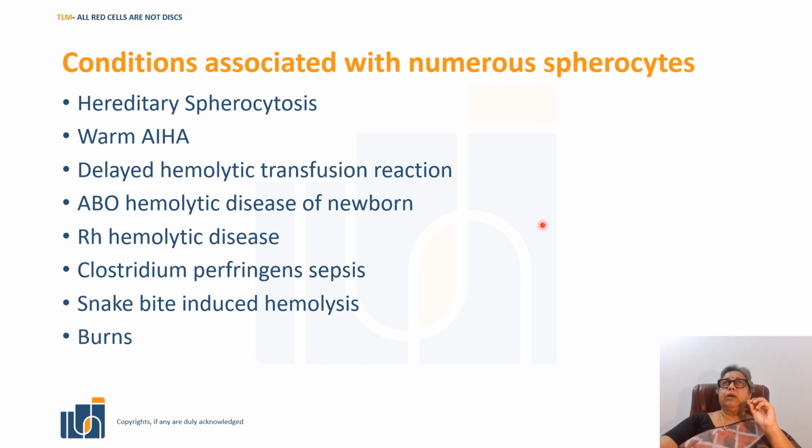Now, in all smears, let me tell you this. When you come towards the tail end of the smear, which you're not actually supposed to examine for the morphology of any cell, but the tail end is something that we look at for the presence of clots, fibrin, or any other aggregates.